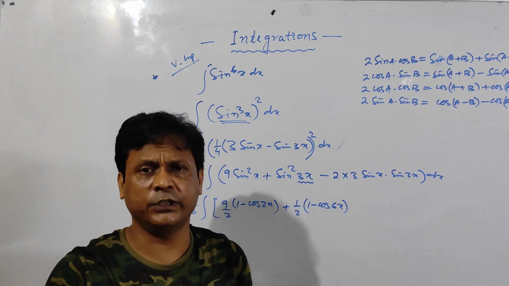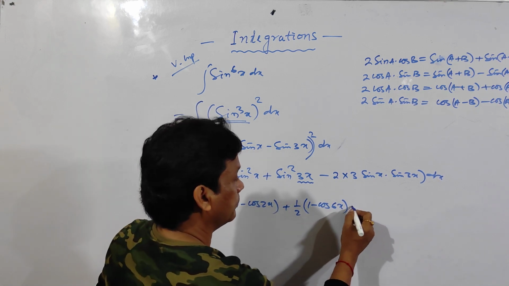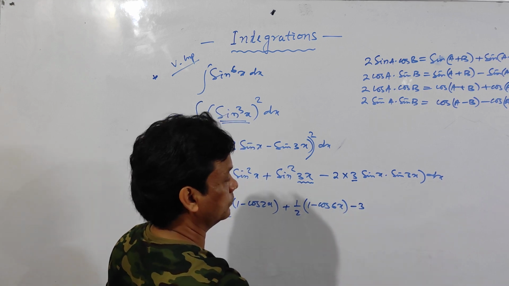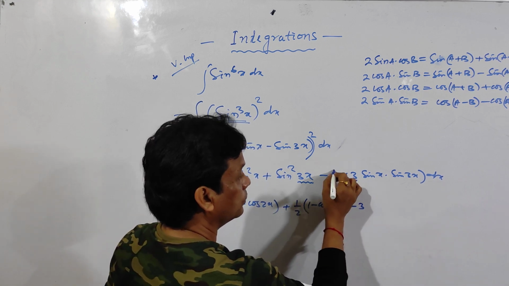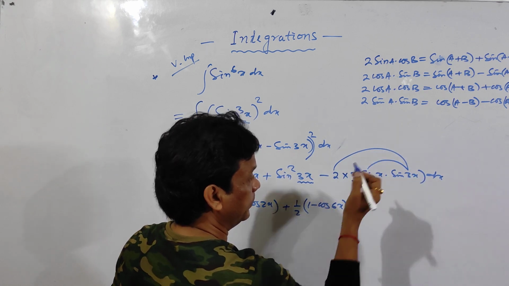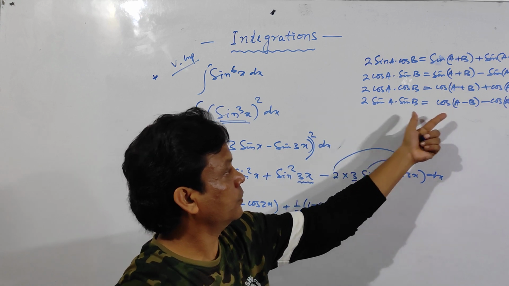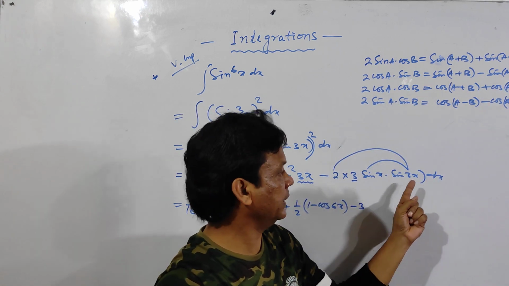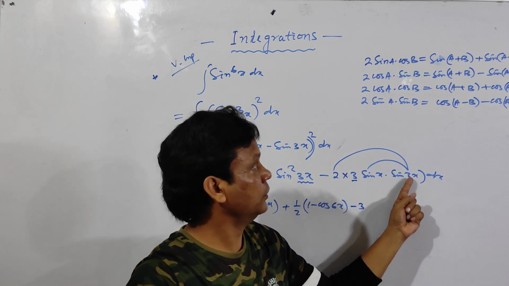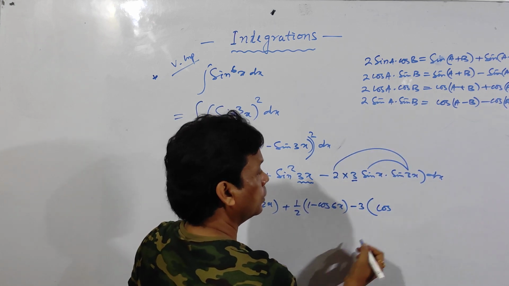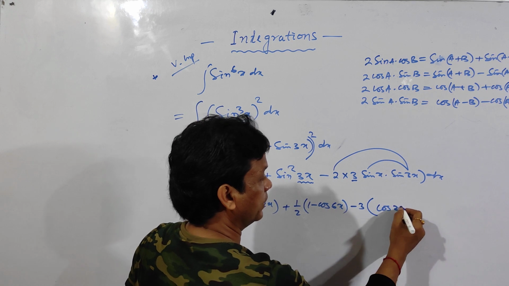Okay, simply remember the formulas. Minus, I am writing 3 outside. 2 sin A into sin B is cos(A minus B) minus cos(A plus B). I am taking the larger angle as A. I have told you. Cos(A minus B): 3x minus x, it is 2x.